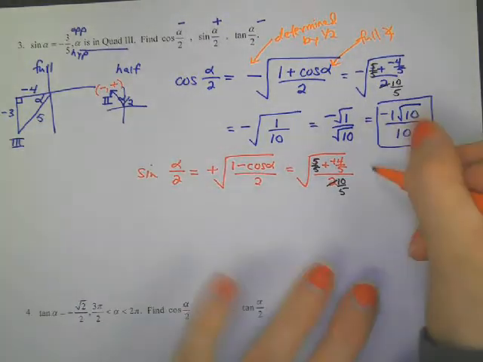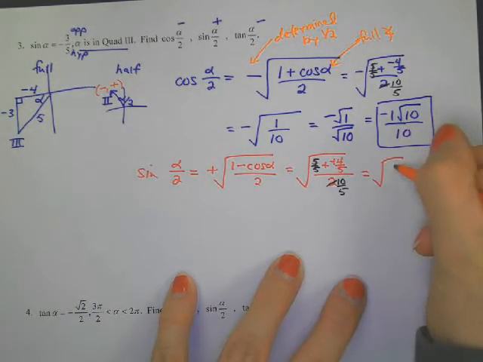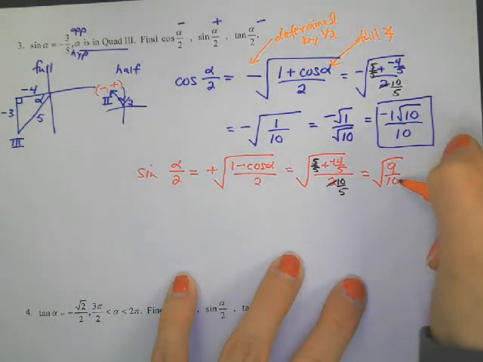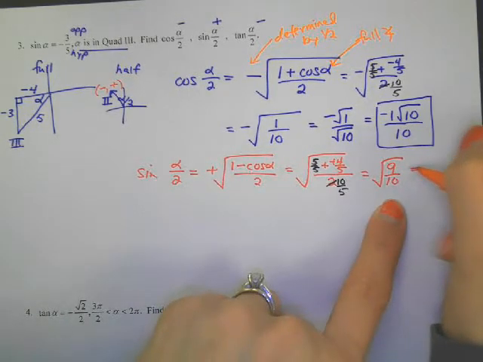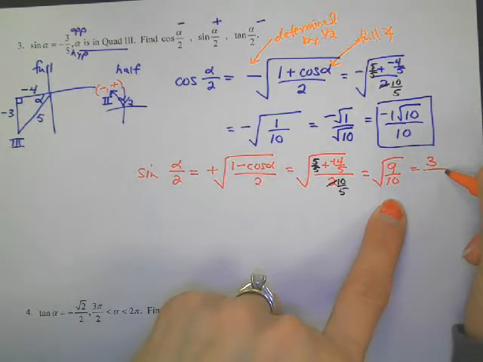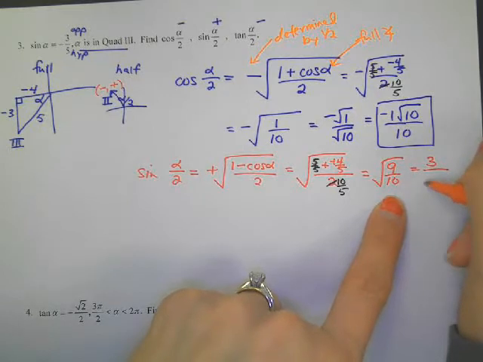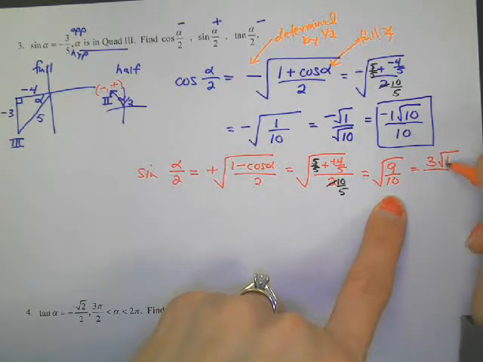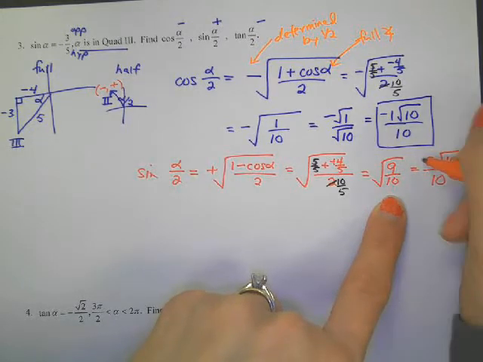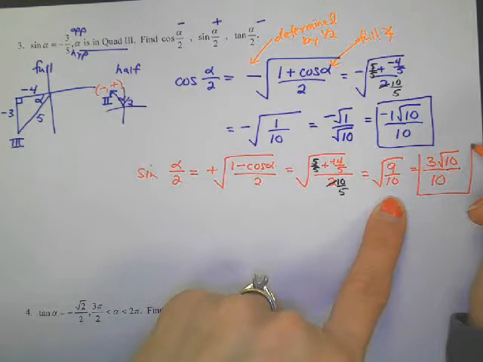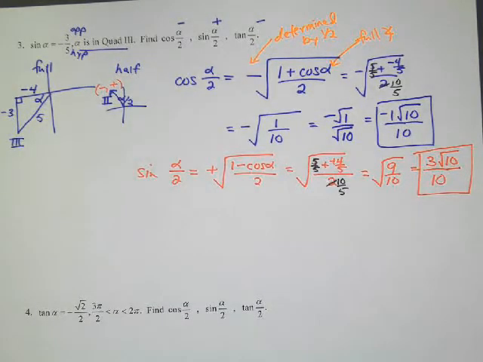Okay, so now we have the square root of 9/10. Radical 9 is just a plain 3. Oh, but let's not write radical 10 in the bottom. Let's rationalize and say radical 10 over 10. Does a regular number cancel with a radical number? No. Regulars with regulars, radicals with radicals. Okay, and lastly tangent.